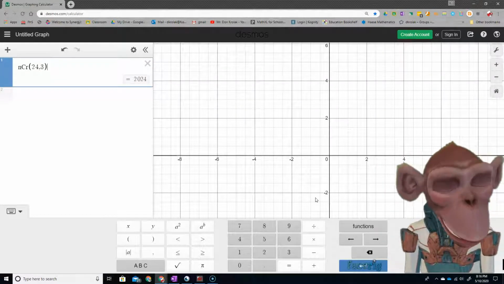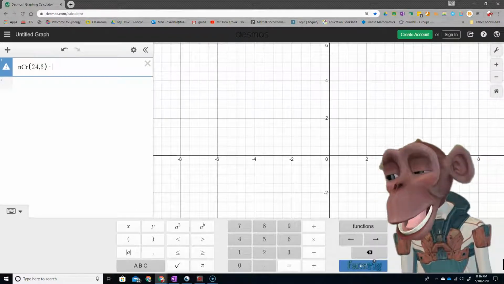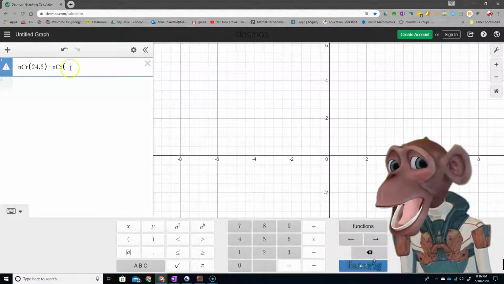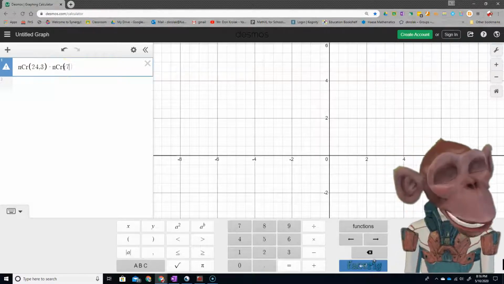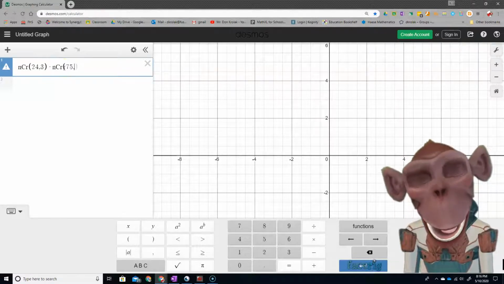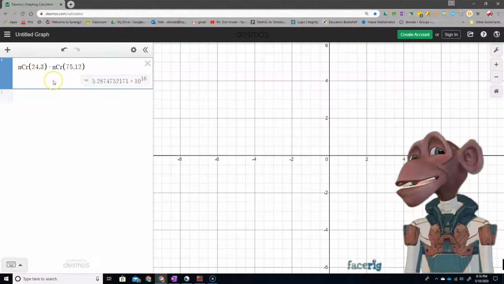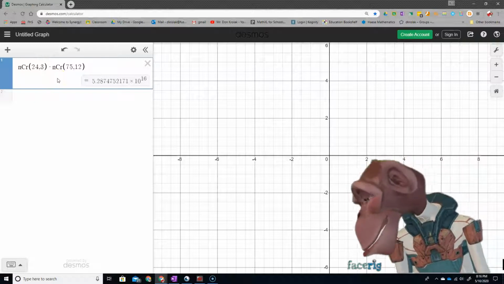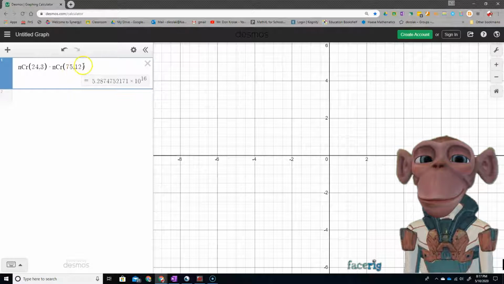And now I want to multiply that by 75 choose 12, and that would be the total number of combinations in that school. How many different ways you could pick a committee that had 3 teachers out of 24 and 12 students out of 75.